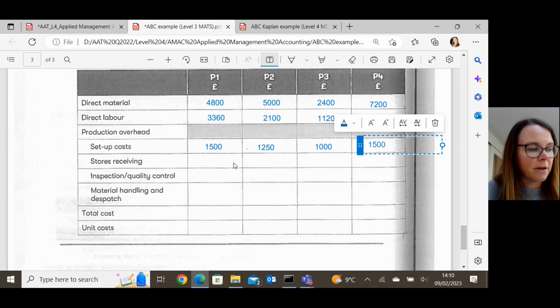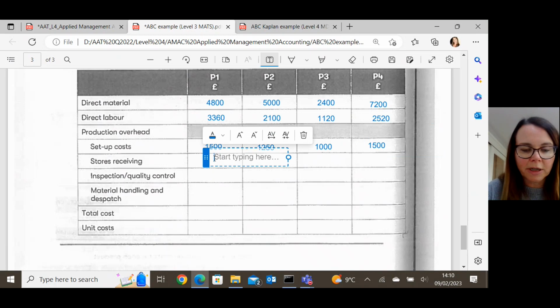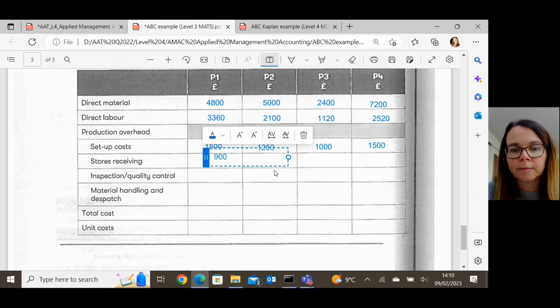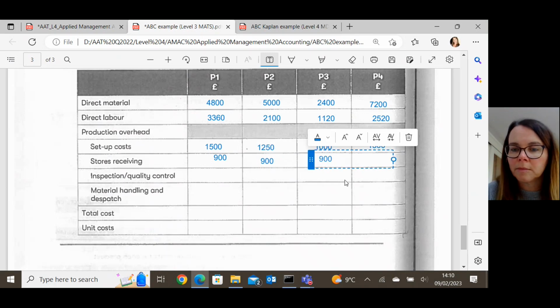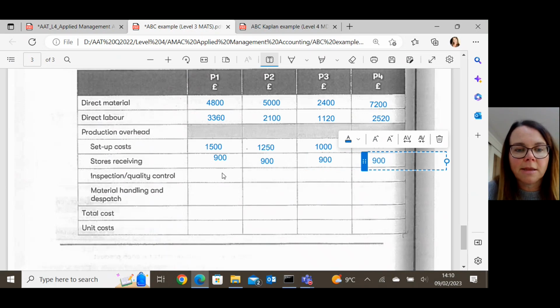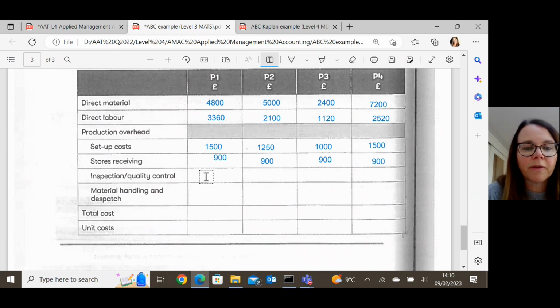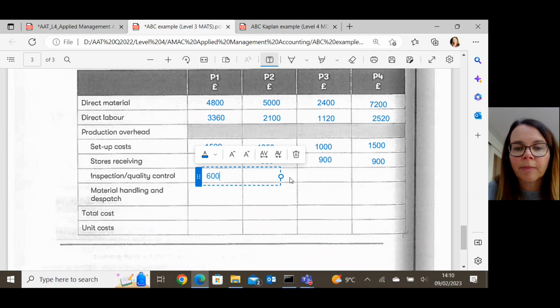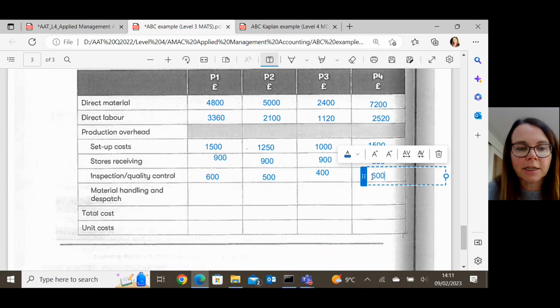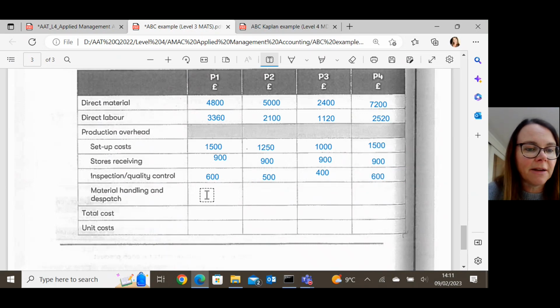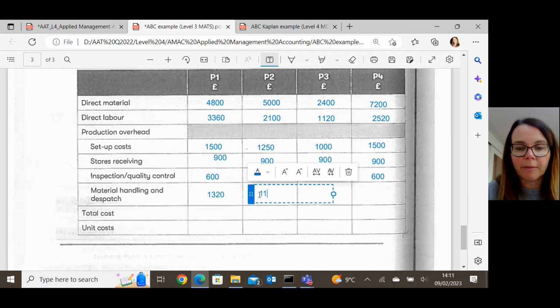Right, then we do the same for the stores, so they were all 900. The same for inspection and quality, so we've got 600, 500, 400, 600, and the same for material handling and dispatch. So we've got 1320, just copying these in for my answers to part B.